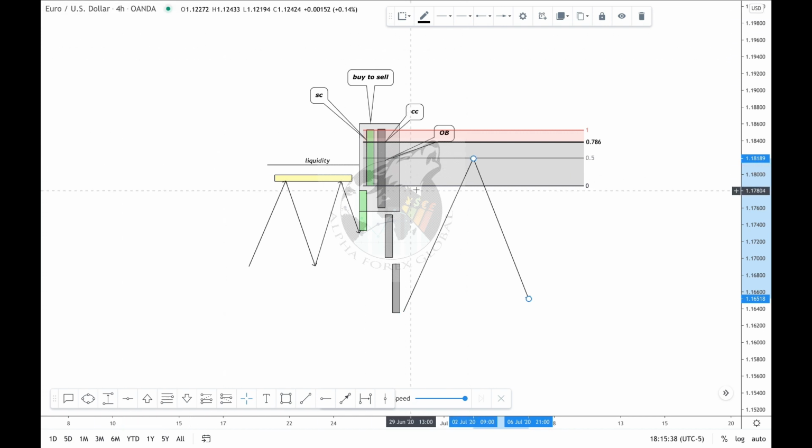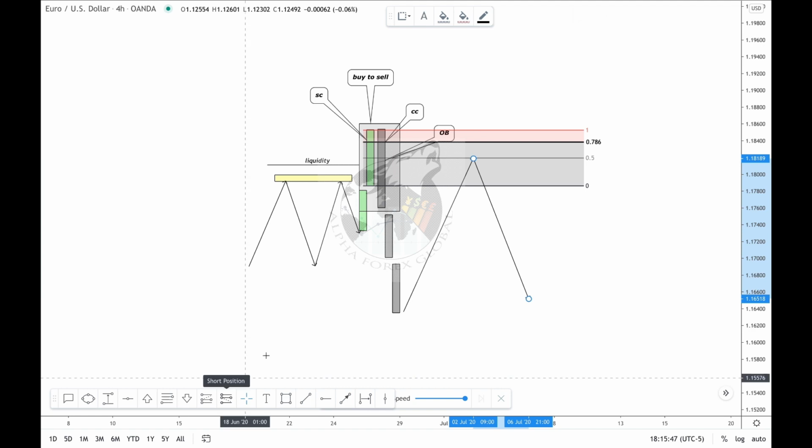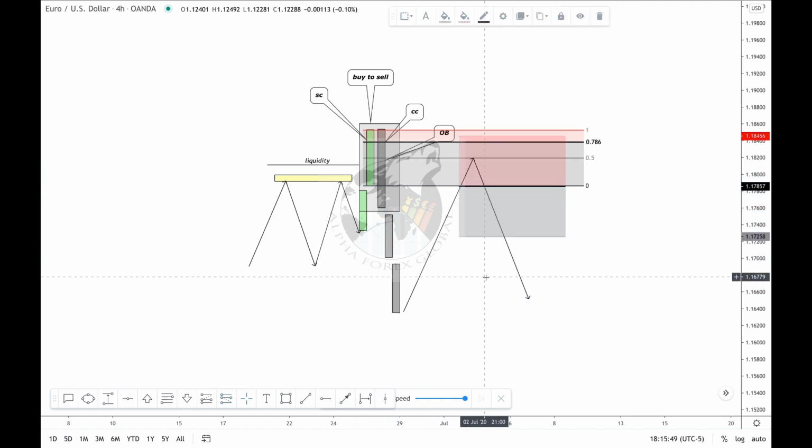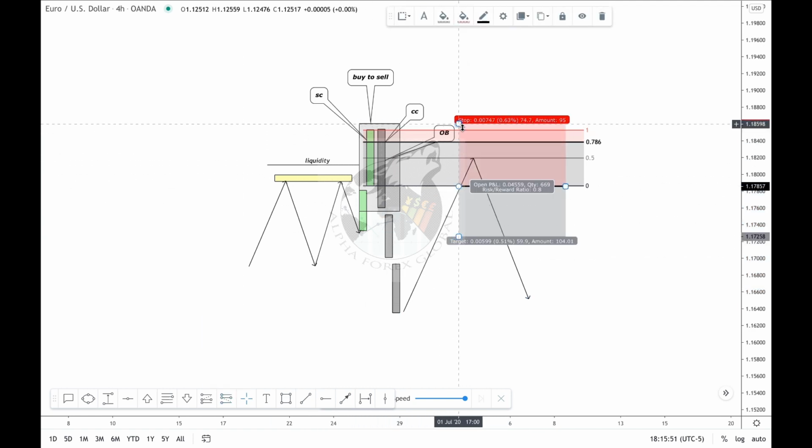So if we get a point of interest, say on the 4-hour time frame, we don't just take our entries when the market comes back, because what if you should take your entry here, look at this stop loss. This stop loss would be 74 pips, and we can't have that.